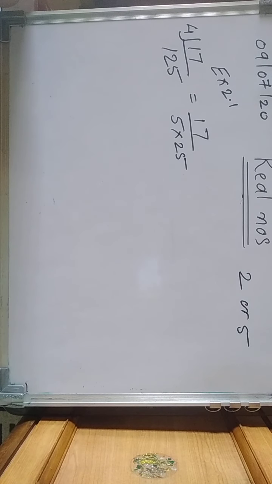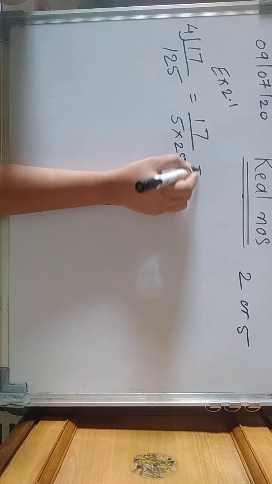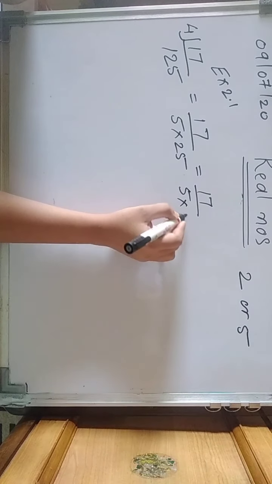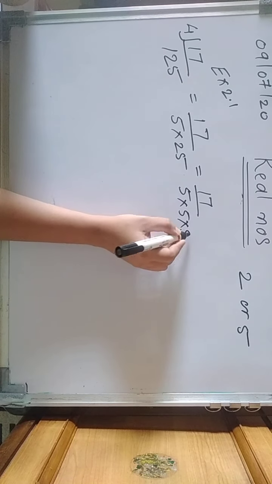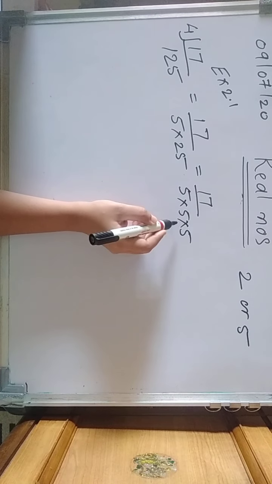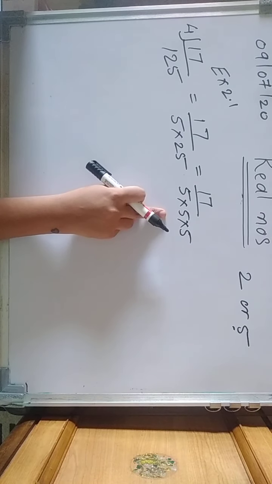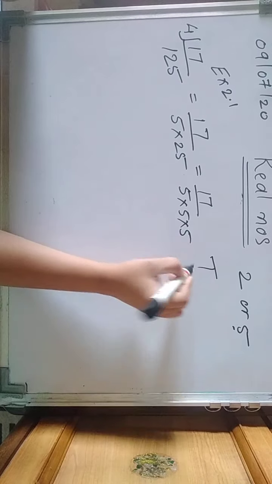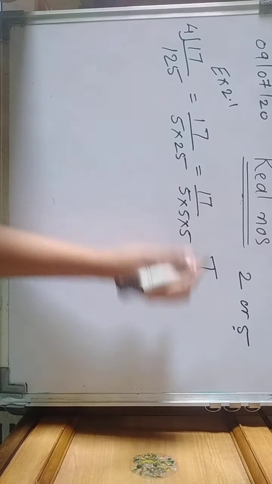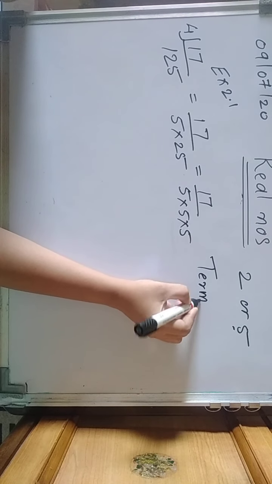Correct? 5 into 25 gives you 125. Further it can be written as 17 upon 5 into 5 into 5. So if you observe, the factors of the denominator are all 5. So that means the decimal form of 17 upon 125 will be terminating.